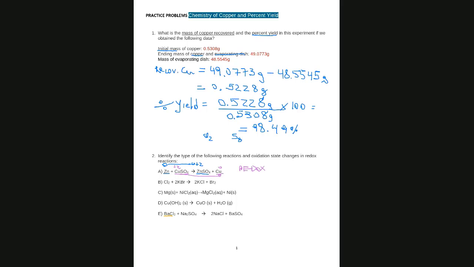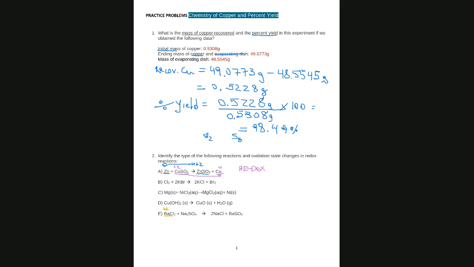It's group 2, and group 2 is always going to have an oxidation state of +2. Because we said it is the number of electrons that an atom can gain or lose or share when it's bonded to another atom. So barium easily loses 2 electrons to reach the octet.